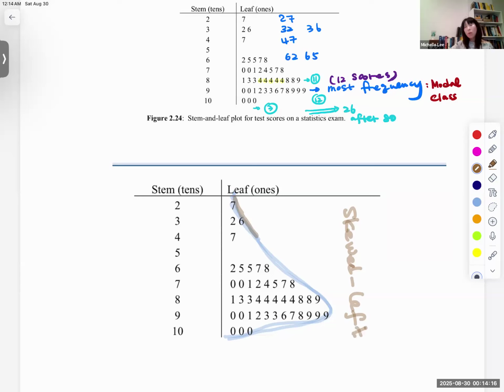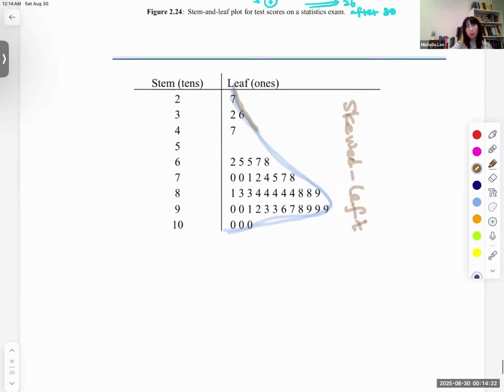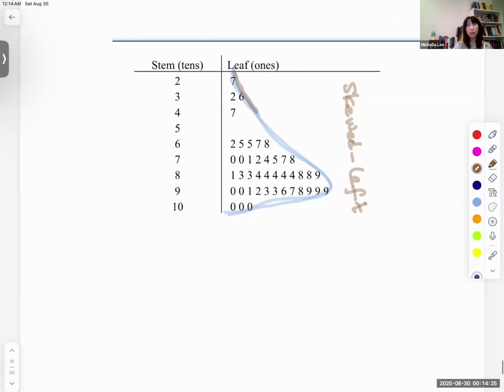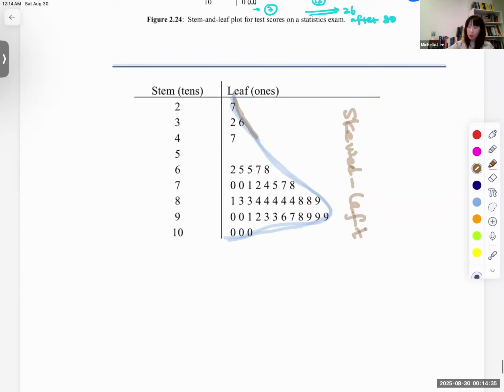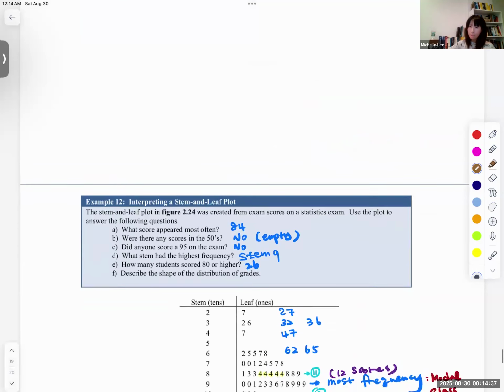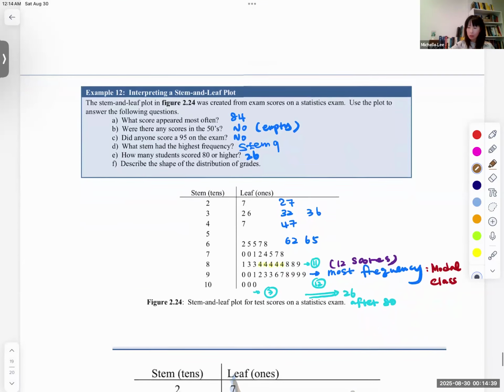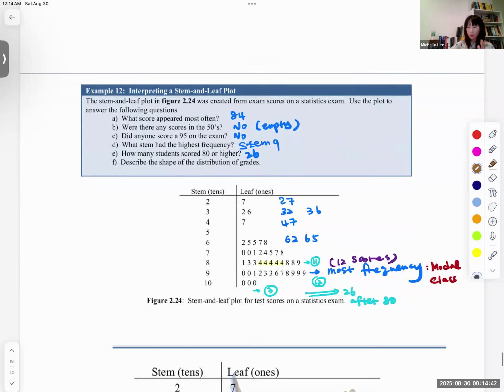Okay. Now I want to make a note. This is the last one for stem and leaf plot. As I told you earlier, a stem and leaf plot is good for keeping the original data set.